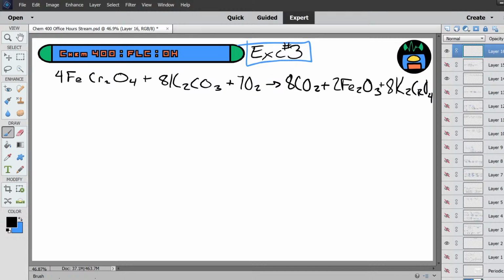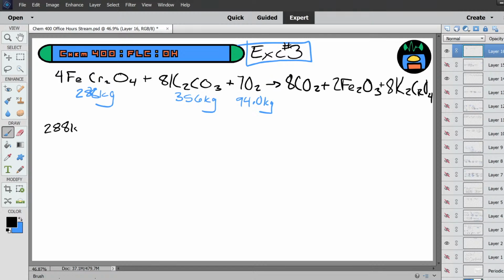So I'm going to say that we're given 288 kilograms of the first thing, which goes by the name of chromite. That's just a common name, not an official name. I'm going to say that we're given 356 kilograms of potassium carbonate, and that we're given 94.0 kilograms of oxygen. So we need to do this calculation 3 times.